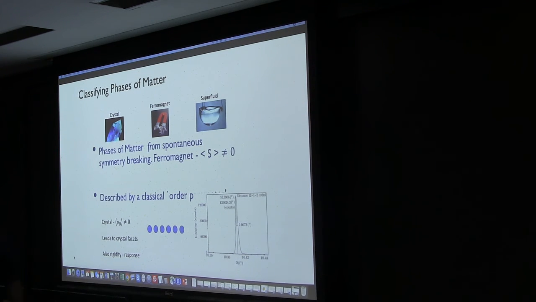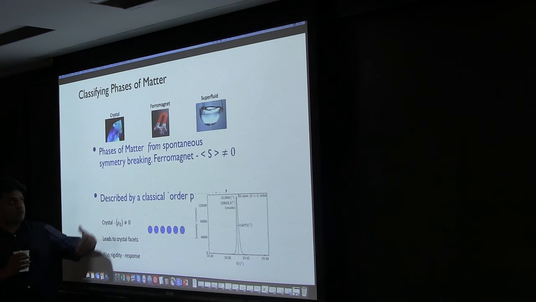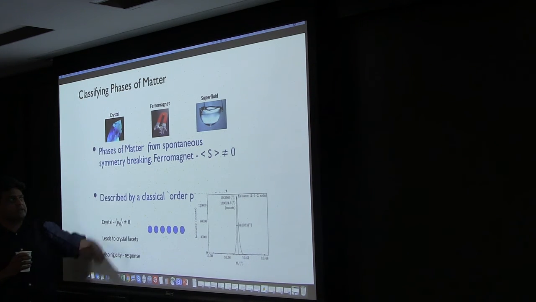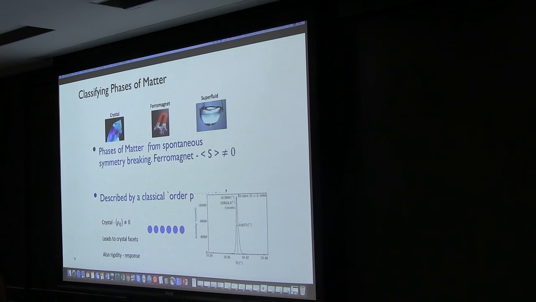There's a periodic arrangement of atoms in a crystal that breaks the homogeneity of space. You pick a particular position for your atoms. In a liquid, on the other hand, if you wait for a while, every position in space will be visited by molecules. It will look the same as any other position. In a crystal, no matter how long you wait, you have a certain rigid crystal. There are positions where there are atoms, there are others where there are voids. It kind of breaks the translation symmetry, if you like, this way.